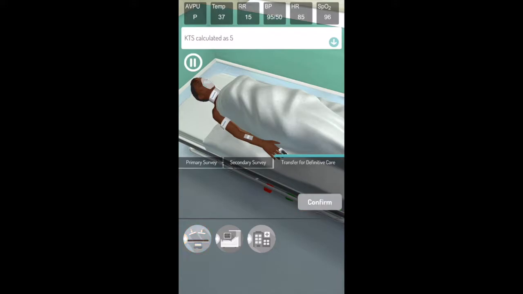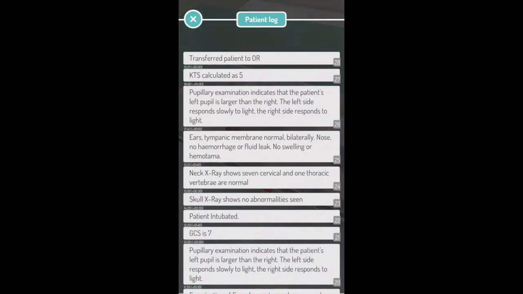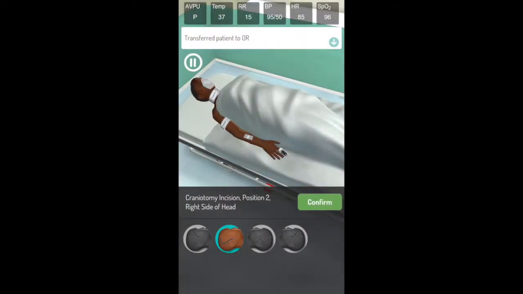At this point, we can then choose where we'd make a craniotomy incision based on the choices of incision. I don't remember which pupil was affected, but I can go to the patient log. It indicates it was the left pupil, so I'd go back, make the incision on the left side. Usually we talk about making a reverse question mark incision, so I would choose the final choice as the correct one.